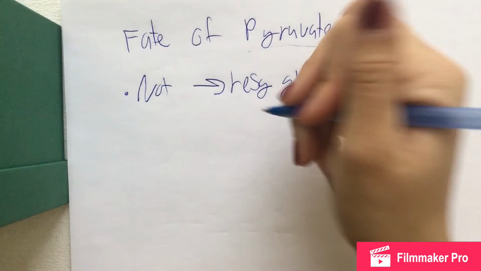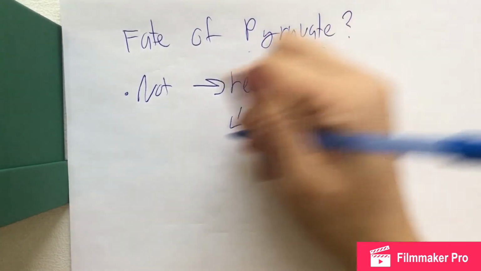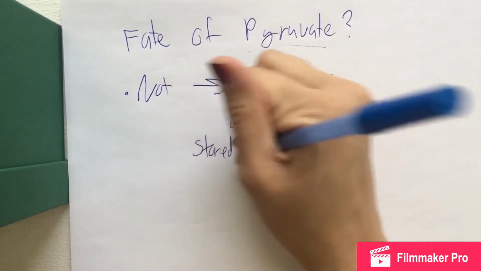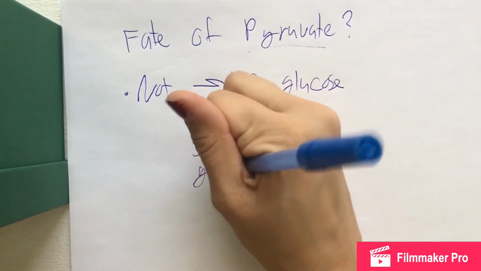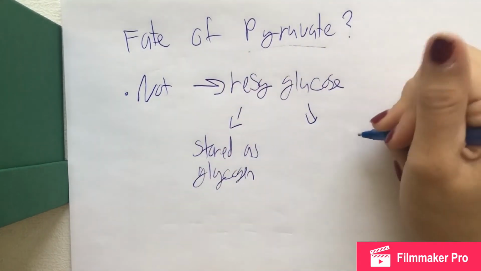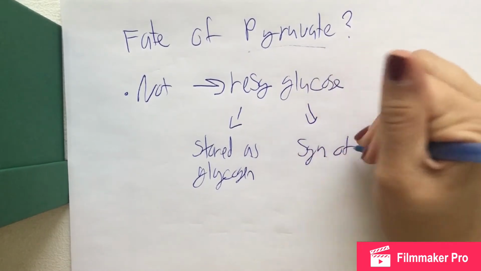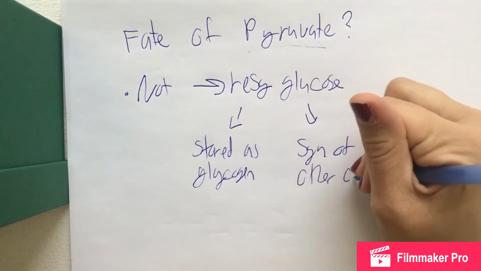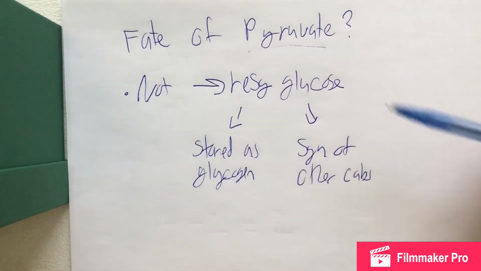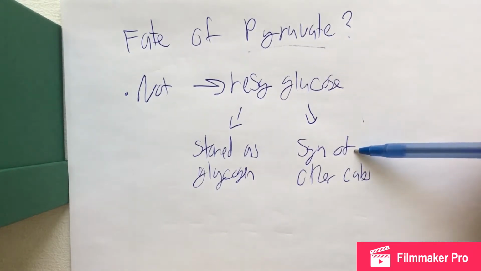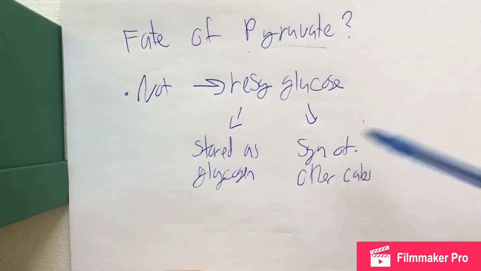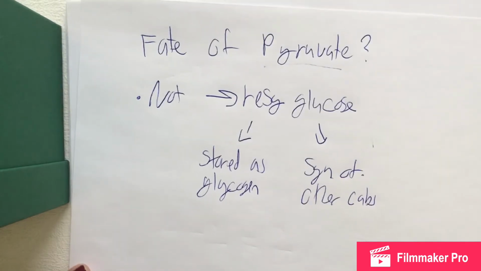That can also have 2 results. It can A, be stored as glycogen, or B, be used for the synthesis of other carbs. This can also be referred to as gluconeogenesis, which will restart the whole thing.